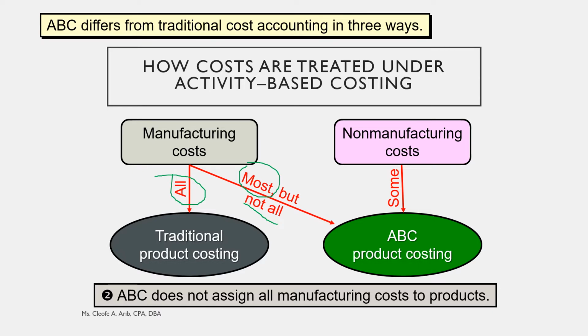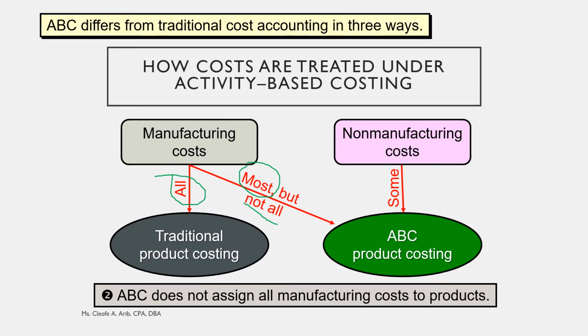So, ma'am, anong mga manufacturing overhead ang hindi mai-charge as product cost? Yung tinatawag nilang organization sustaining costs and yung inyong unused capacity or yung inyong tinatawag na idle capacity cost.